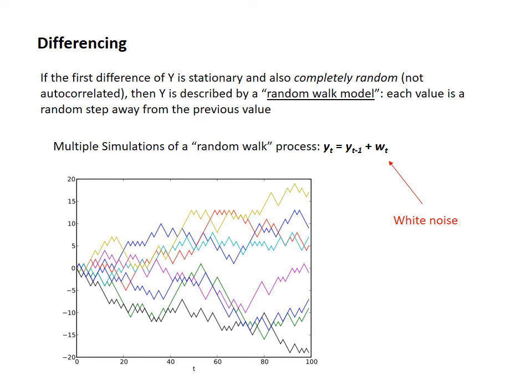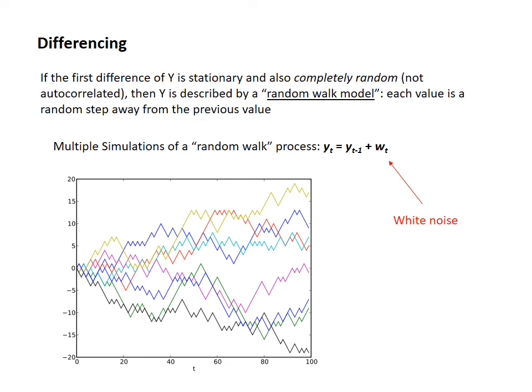In some cases, once we take a difference of a process, we may find that the resulting difference process has no autocorrelation, right? The difference from one day to the next is completely random. This has a very special name: it's called a random walk model, and the equation for the random walk model is shown here.